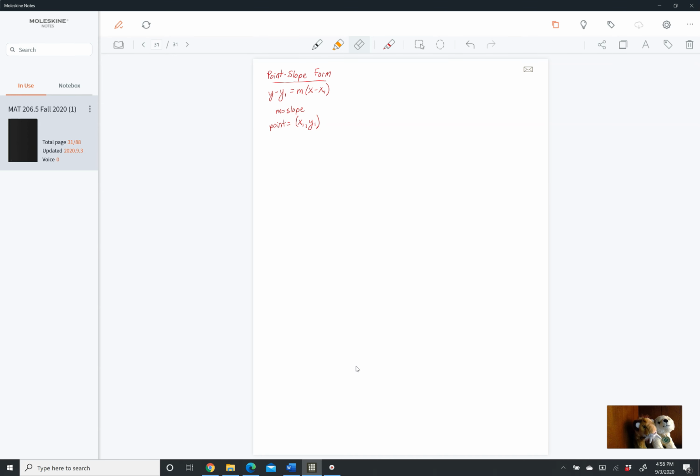Second thing that we have is slope-intercept form. So this is y equals mx plus b. This one you would use when you're given slope and you're given the y-intercept.